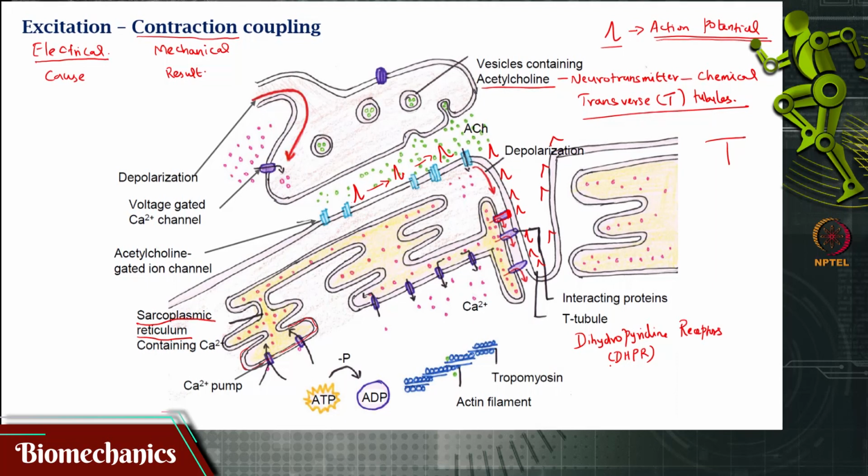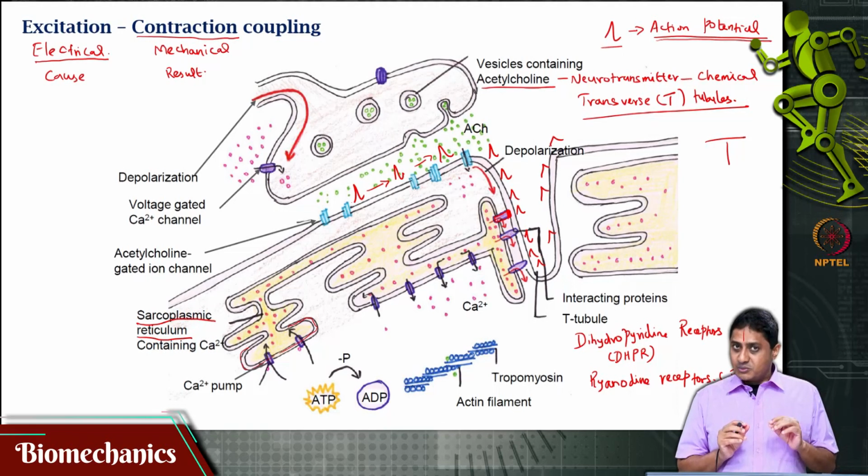And when they open, they also open the other door that they are connected to. That other door is present not on the T tubule, but on the sarcoplasmic reticulum. That other channel is called ryanodine receptors, or RYR.